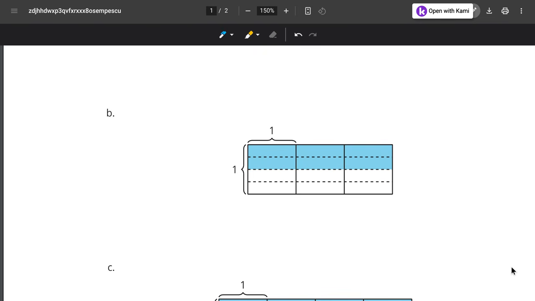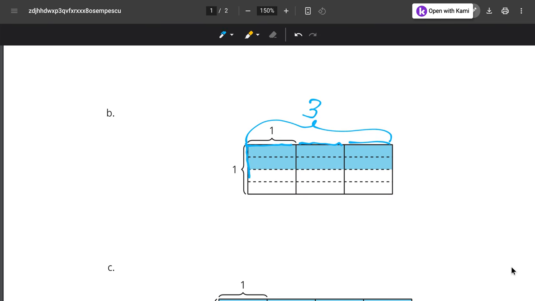First of all, once again, let's think to ourselves, if this represents 1, how many wholes do I actually have? How many columns do I have? There are 3 columns, so one of my factors is going to be 3. I'm going to go ahead and write that. Now, when I take a look at my rows, how many rows do I have?